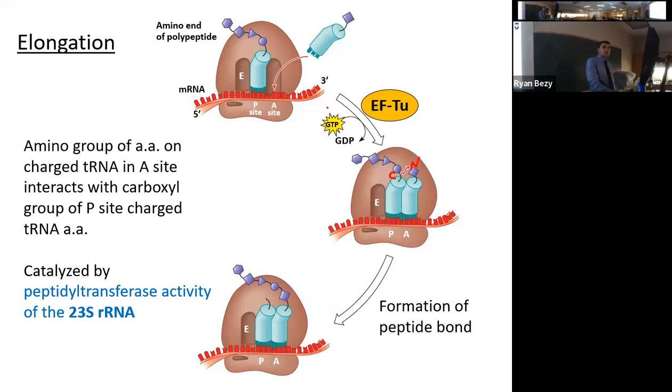This carboxyl group interacts with the amino group. And what that does is it attaches the growing polypeptide chain onto the tRNA in the A site now. And you've grown that polypeptide chain by another amino acid. Questions about that?